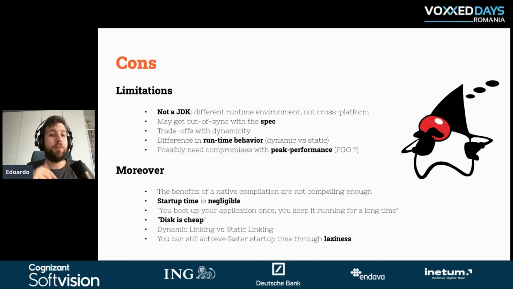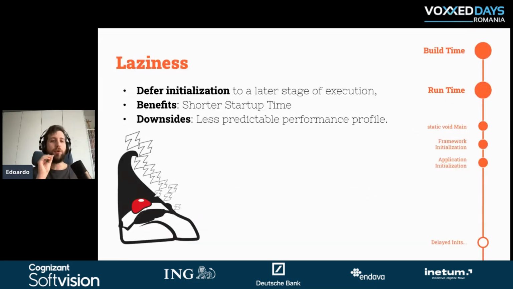And besides, all the benefits that you could get from faster startup time could be achieved using laziness. Now, what's laziness? The idea with laziness is that you don't necessarily initialize your application at immediate startup time, but you delay that initialization to a later phase. So your build time stays the same, your runtime stays the same.